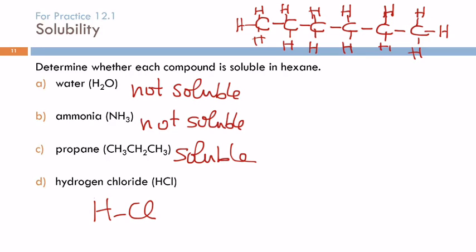No. Probably not, right? So this is polar. A polar molecule has dipole-dipole forces that are stronger than the dispersion forces it can have with the hexane. Is this going to dissolve? Nope.